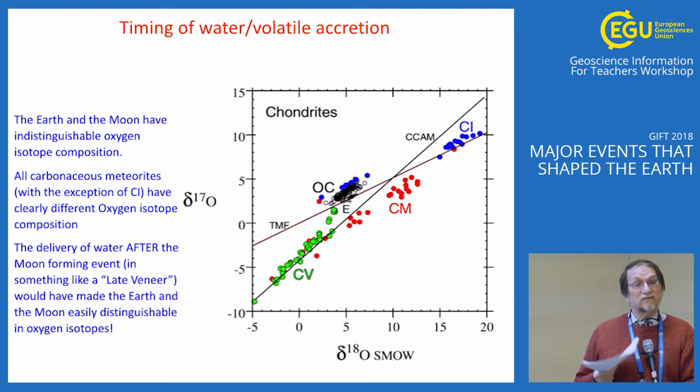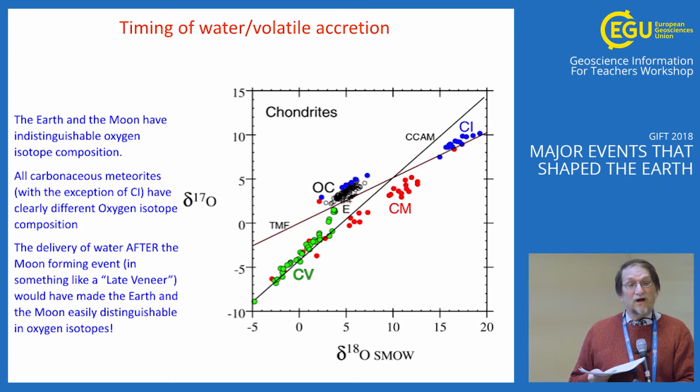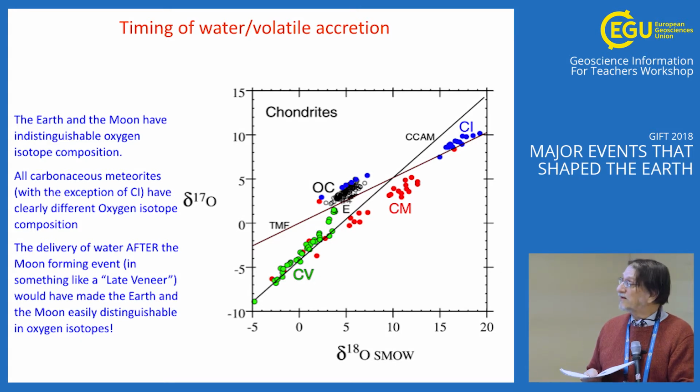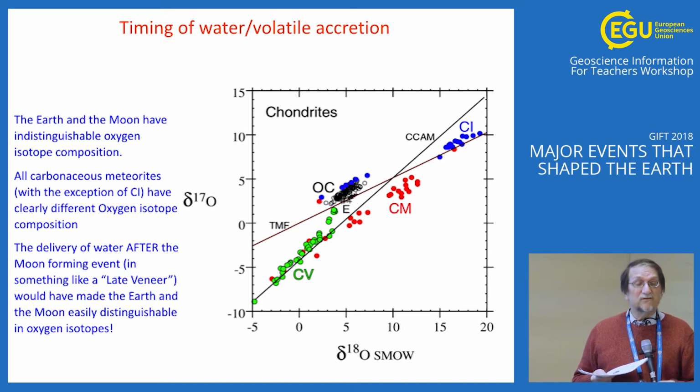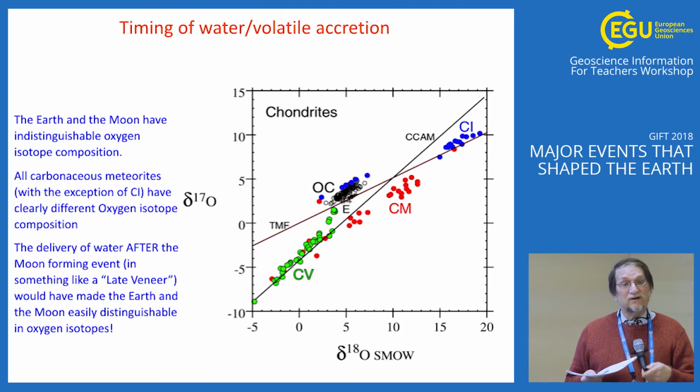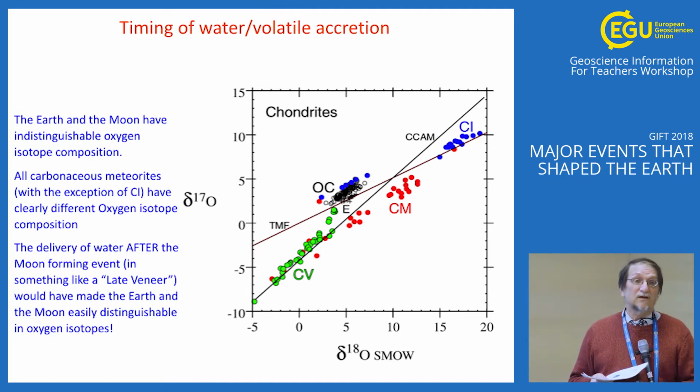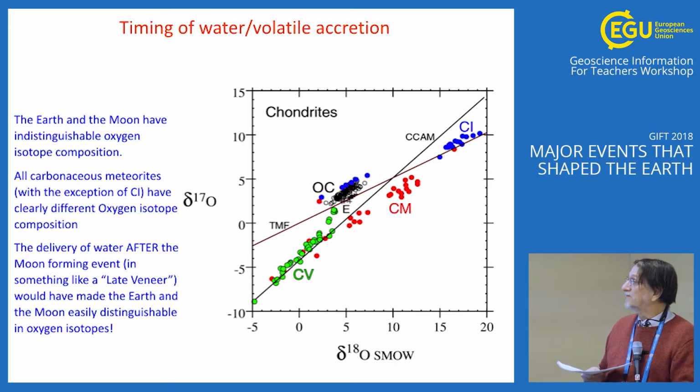You can't tell the difference between lunar oxygen and terrestrially based oxygen. And if there was a difference of materials coming from space to help create the sources of water on the Earth, you could tell it night and day because of the stable isotopes.